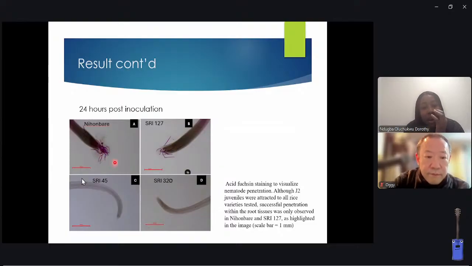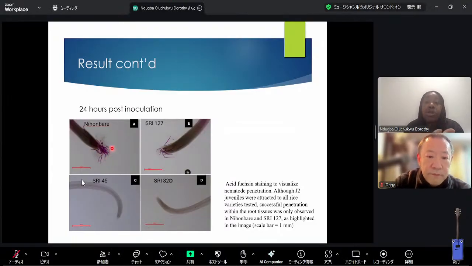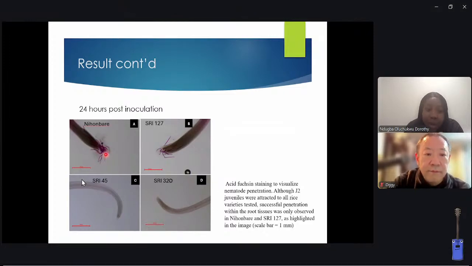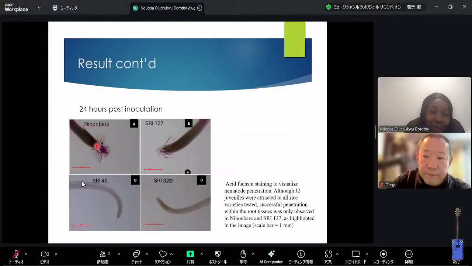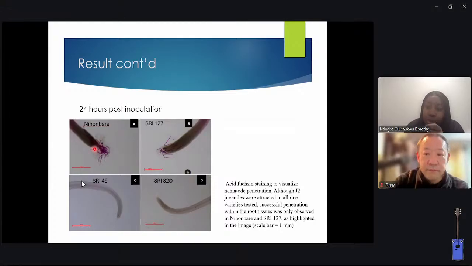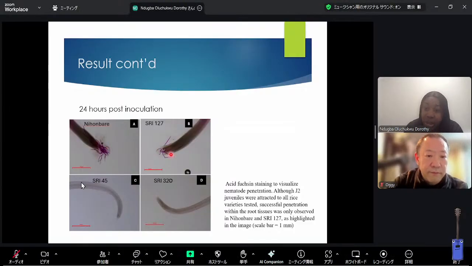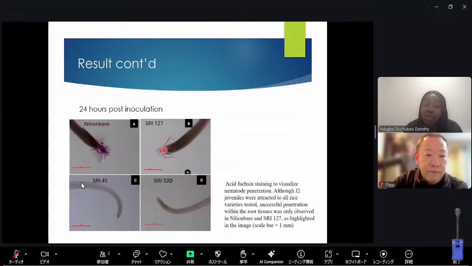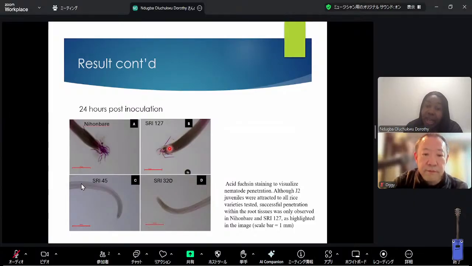In Nyombare, as you can see, we have a lot of nematodes at the root tip, and not just at the root tip: if you look, you will see there is penetration of the nematodes inside the roots. As well as SRI 127, there's also penetration of nematodes in the roots.